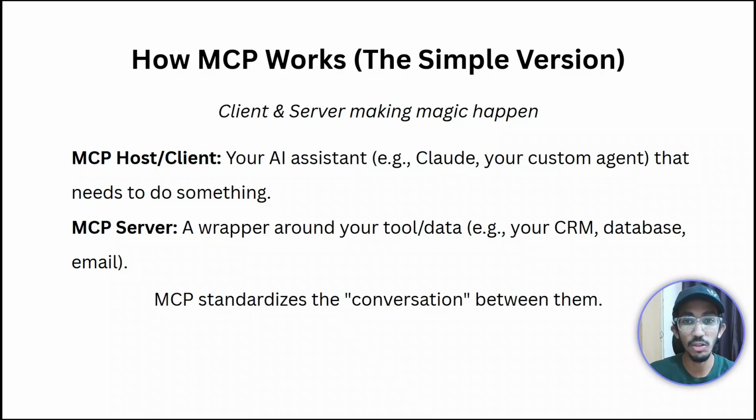This is essentially a wrapper around your tool or data source, like your CRM, your database, your email system. It exposes the capabilities of that tool in a way the MCP client can understand. So MCP is the protocol, the set of rules that standardizes the conversation and actions between this AI client and that tool server, making sure they understand each other securely and efficiently.